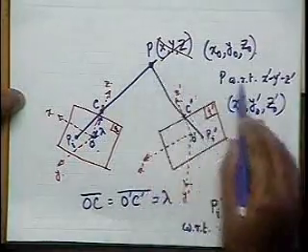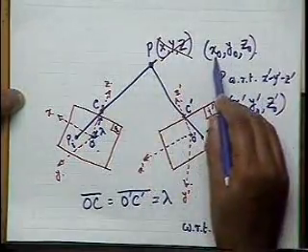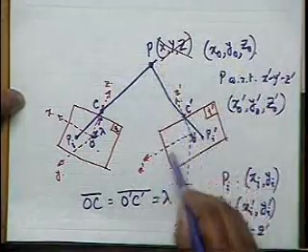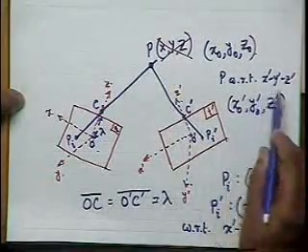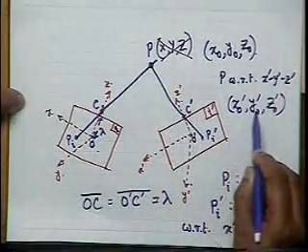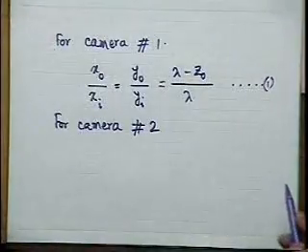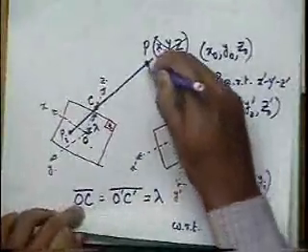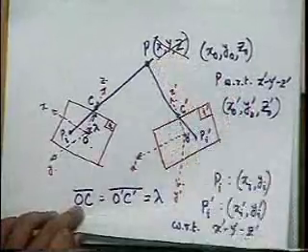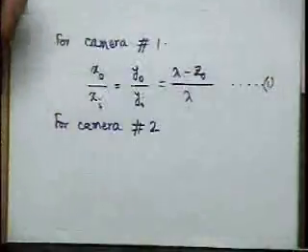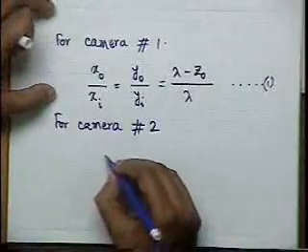So the point P with respect to x, y, z was x0, y0, z0, and the same point P with respect to the x prime, y prime, z prime coordinate system is x naught prime, y naught prime, z naught prime. And considering this, again by applying the similar triangle principle for camera number 2, what do we get?